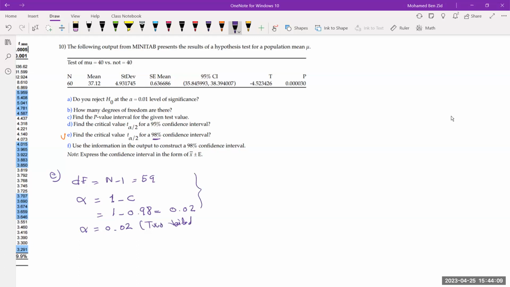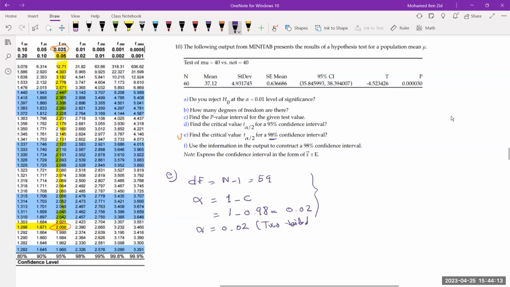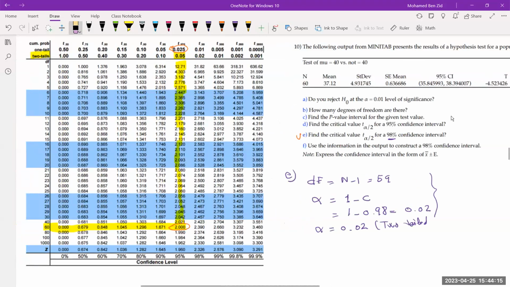All right. Then you're going to go to the table and you cross them. So let's go here. Clear this. All right. So again, we're still in 60. That's the closest to 59. So you're going to be this line over here. And we are looking for 0.02 in two-tail.